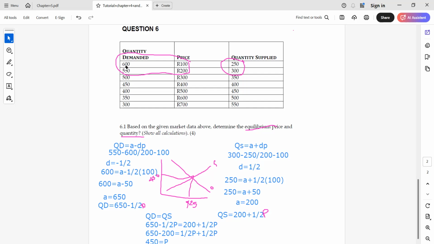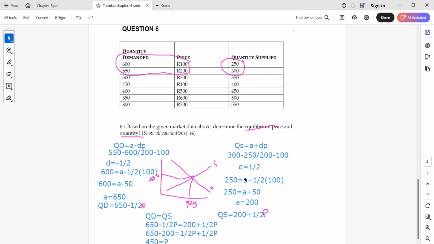Firstly, we calculated the D to find the gradient. So we said the change in quantity over change in price. So 300 minus 250 over 200 minus 100, we got D, which is 1/2, right?